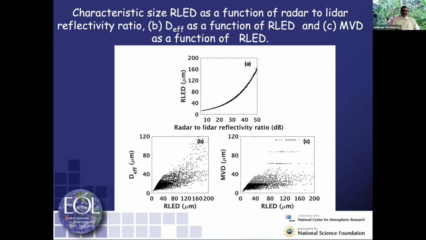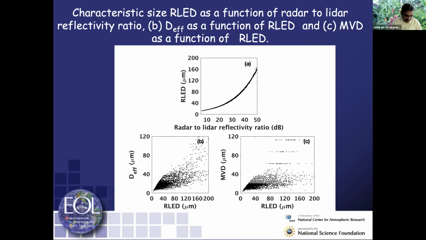Thus, the RLED I described in this talk is related to D effective or MED. Those MED and D effective are very good for in situ measurements and analysis. But for remote observations, using radar-LiDAR backscatter, RLED is perfectly useful. That way, it's much easier to use without worrying about assuming a DSD equation in this case.